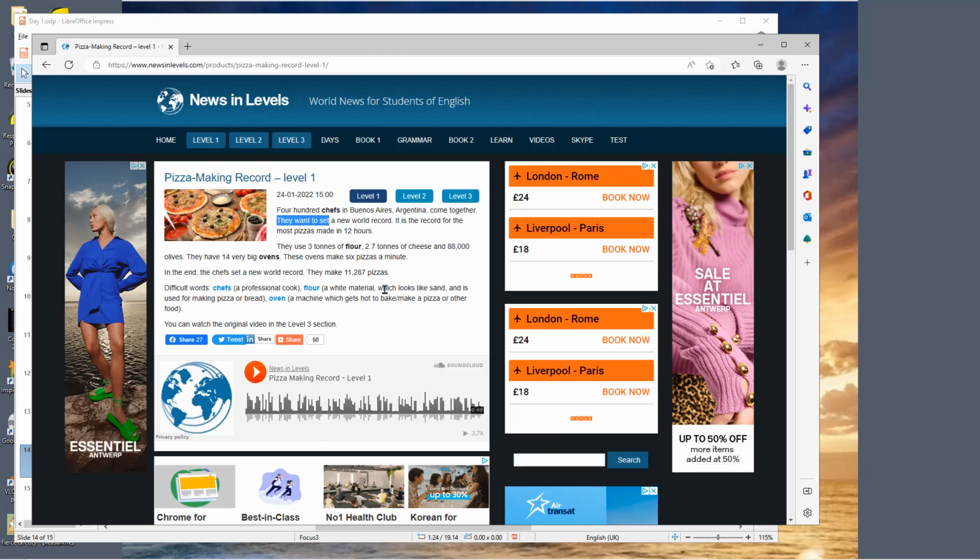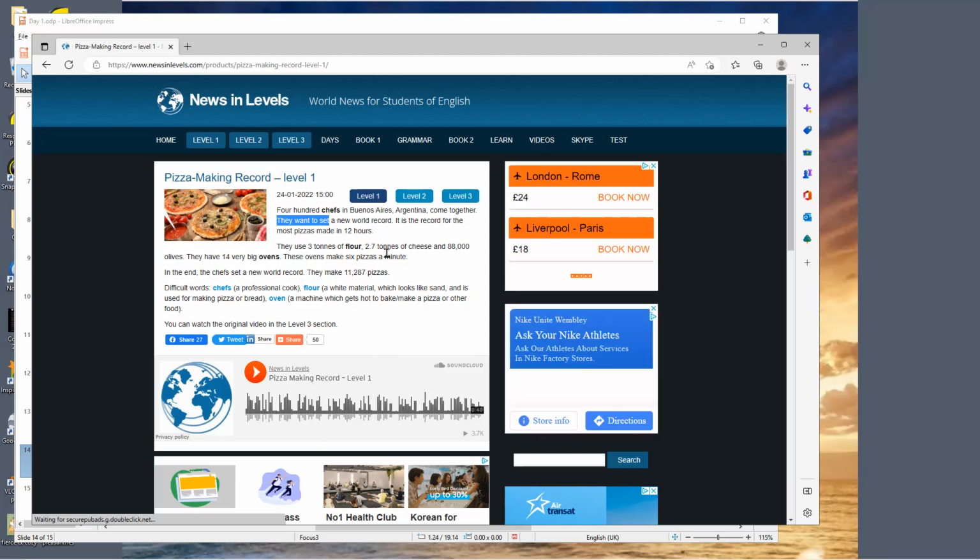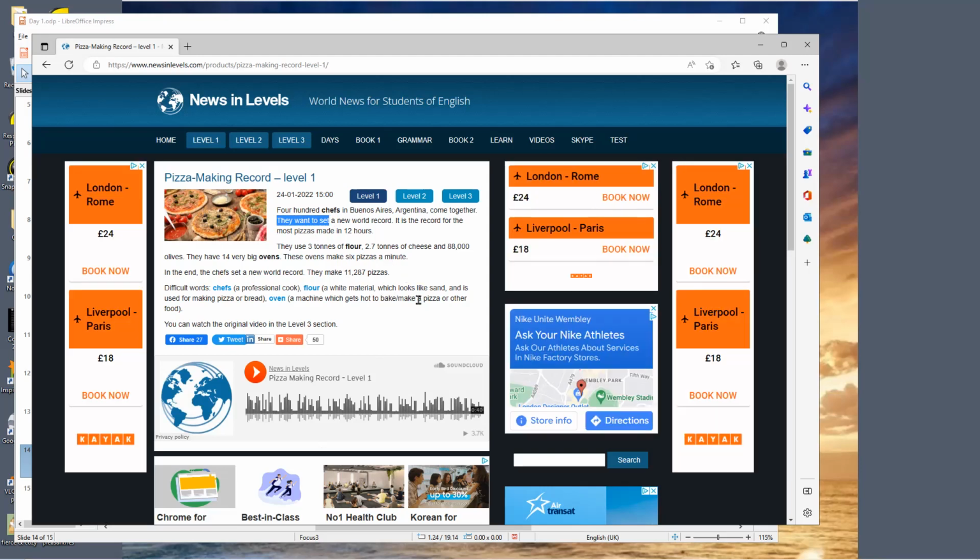So to set is what they want. It's the answer to what, isn't it? In this situation, want is a helping verb. To set is the main verb, a verb infinitive. Yes, I believe want is working as an auxiliary verb. Exactly.